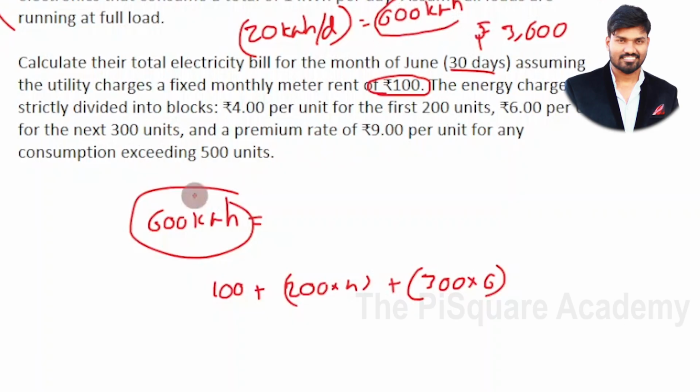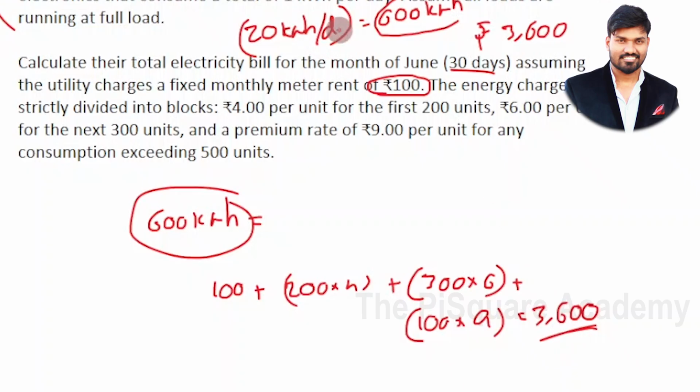Beyond 500, how many units are consumed? 100 more, 500 plus 100 is 600. So plus 100 into 9. You just add all of these and you will get 3,600 rupees. If the slab is given, you can estimate the price.